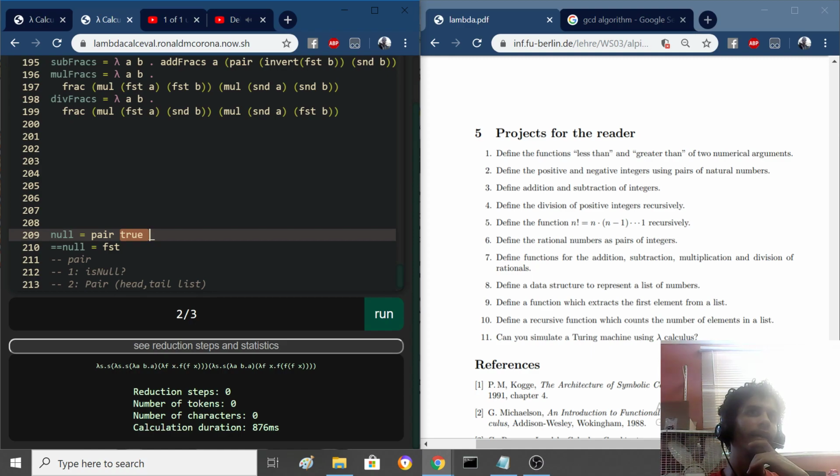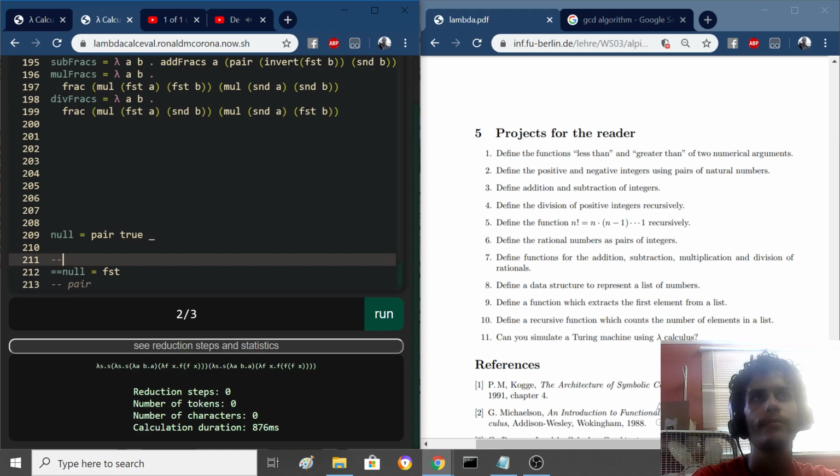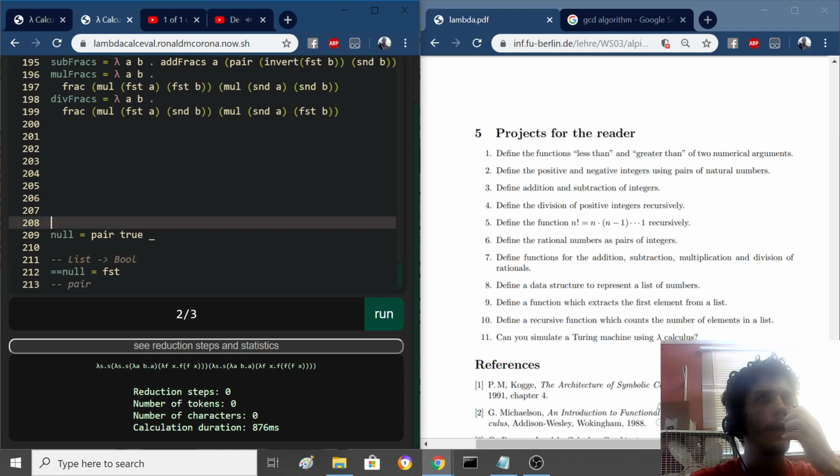It's going to evaluate to true or false, because in this case it's only a true or false thing. Let me specify the data type of it. It takes a list and it returns a boolean. Null is a list.